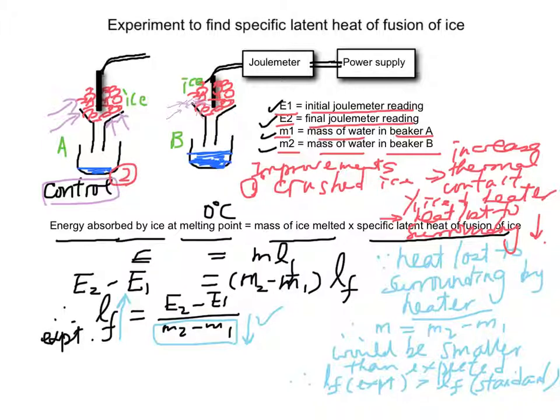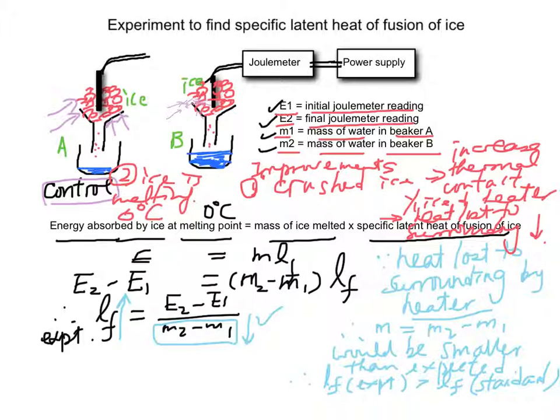Second, we should wait to start the experiment. We should wait until we see some water dripping out from the funnel. In this case, we make sure that the ice is melting, because we are going to find the specific latent heat of fusion of ice, that is, the change of state occurs at 0 degrees Celsius.